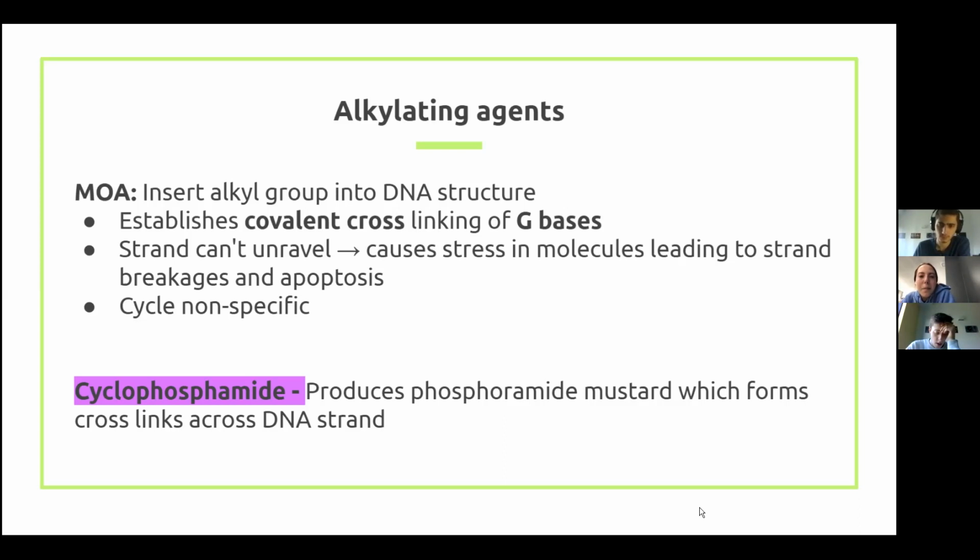And this is a memorizing tool, the cyclo. It makes sense because first of all, it's cycle non-specific, but also I thought of it as a circular thing, because you're adding extra things and then it can't break.